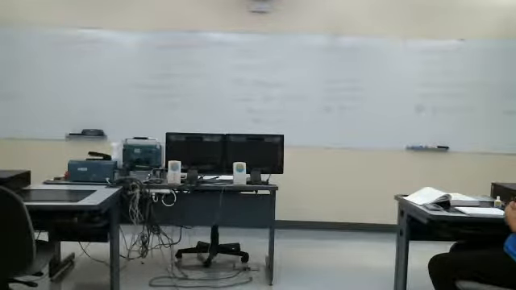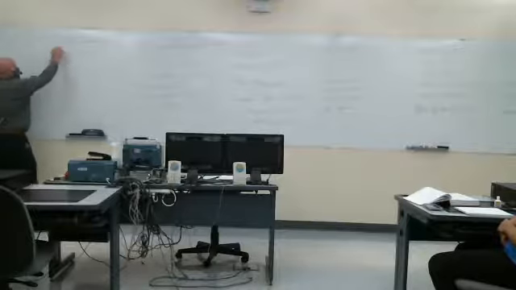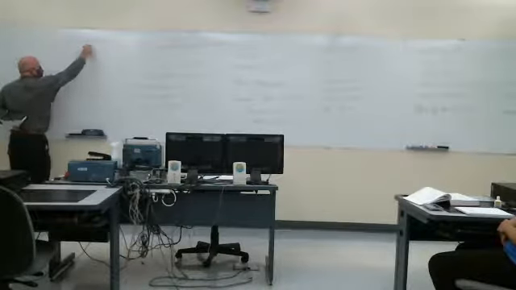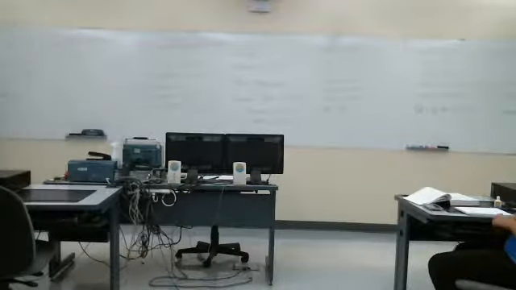This is called the multiplication property of the impulse. Anytime you've got an impulse, look to see if it's multiplying some function of time. In that case, I can simplify that function by just evaluating it at the location of the impulse. And I've got that here. I've got an impulse multiplied by a function of time.